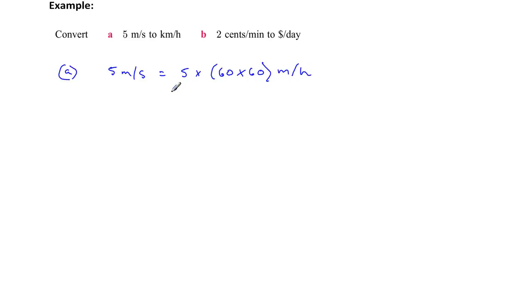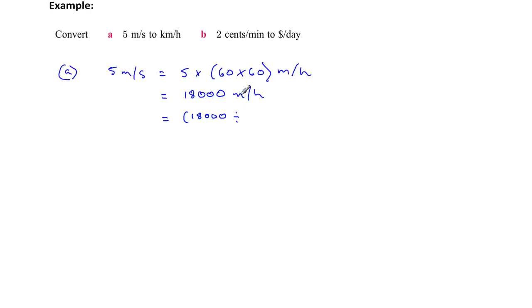We've actually converted now from metres per second to metres per hour. So we're going to do 1 unit at a time here. So when we work this out, we get 18,000 metres per hour. But we need to convert from metres to kilometres. And so we take our 18,000 metres and we find out how many kilometres there are in here.